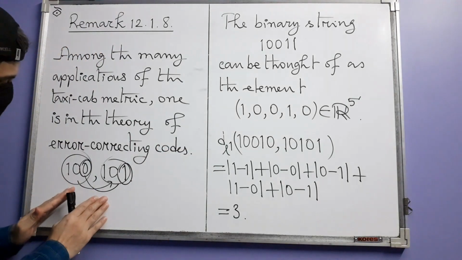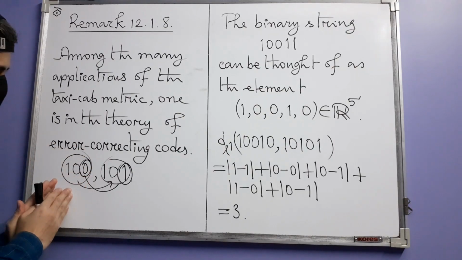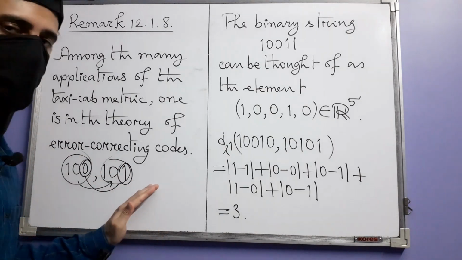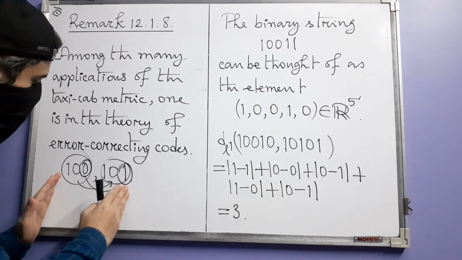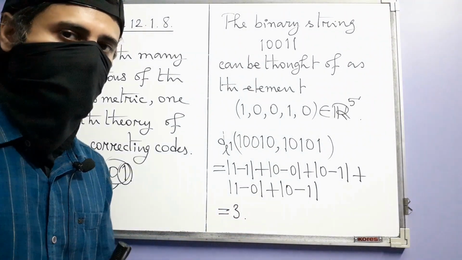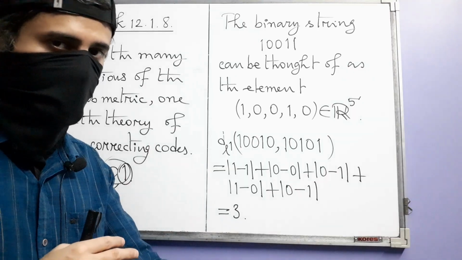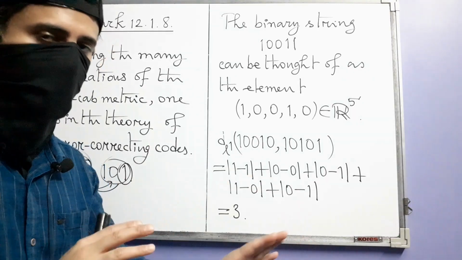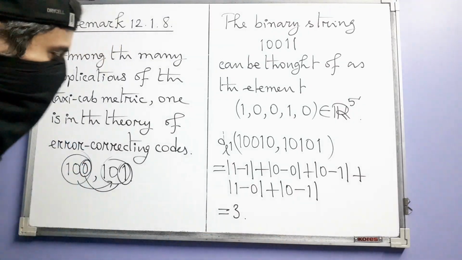And that created the possibility of one entire string being transformed into another one accidentally. The closer these two strings are in the taxicab metric, the higher the chance is that one will get transformed into one which is near.